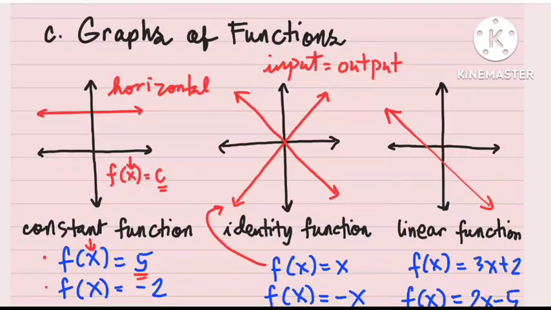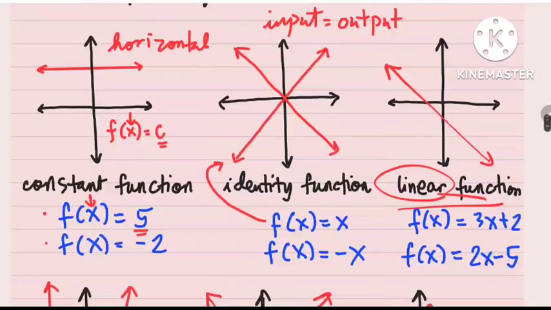So take note that constant function and identity function are under this bigger group of functions: linear. Whenever a function has a graph that is a line, except when it is vertical, we say that that is a linear function.